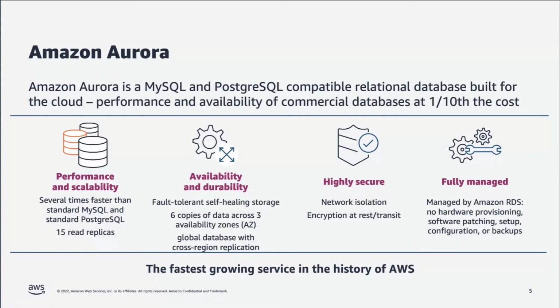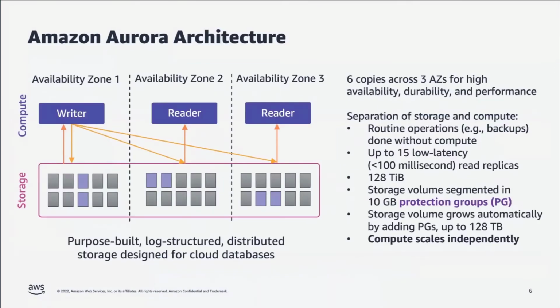Amazon Aurora is a MySQL and PostgreSQL compatible relational database built for the cloud. You get the performance and availability of commercial databases with the simplicity and cost effectiveness of open source databases. At its core, Amazon Aurora decouples your database compute and the storage.